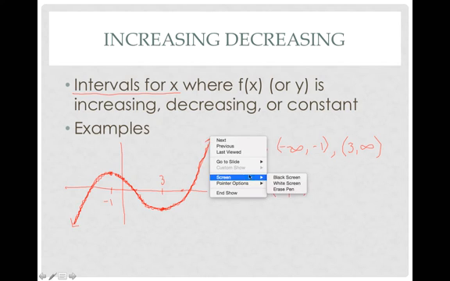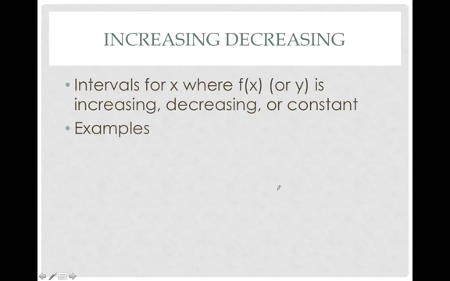Now we could do all sorts of different graphs like this. We could look at a graph that does this, like an example of a quartic function. This is something like an x to the 4th power would look like. And we can see that whatever this value is, on this side, it's decreasing.